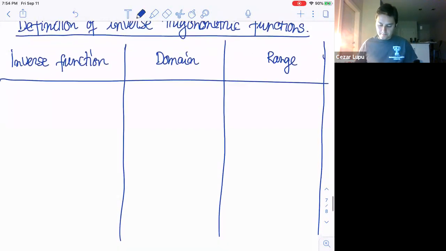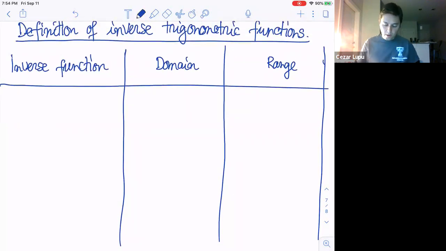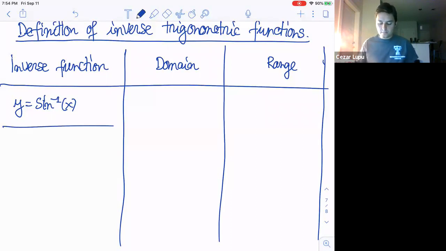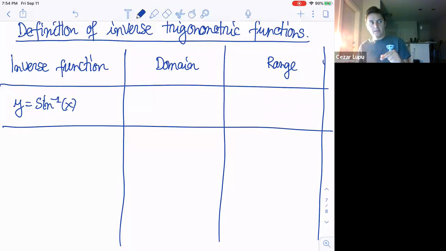All right, let's take the first one, y equals the arc sine of x, so the inverse of sine. Well, the domain, where this is defined, we know that sine has range -1, 1, so the domain will be -1, 1.